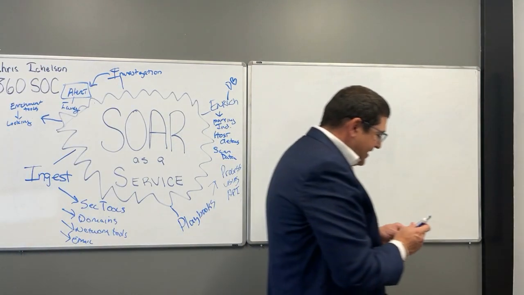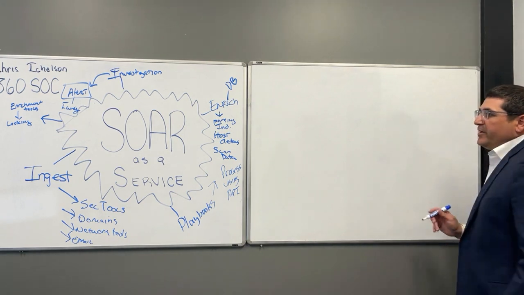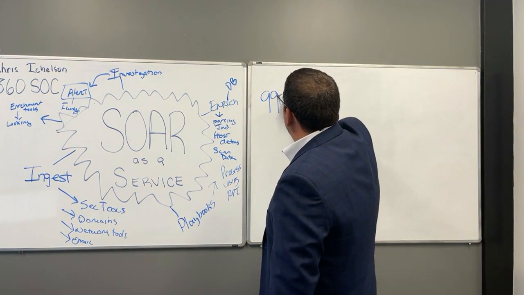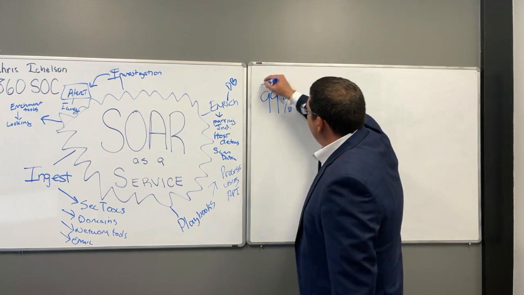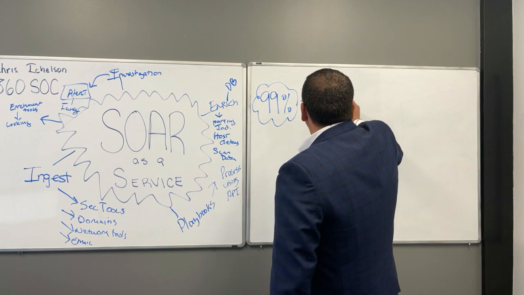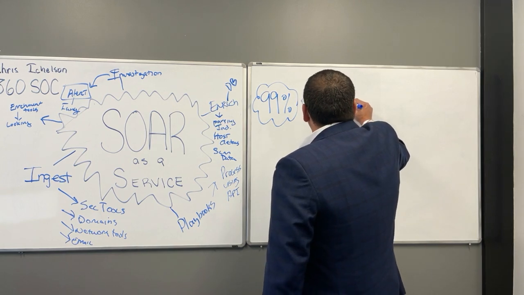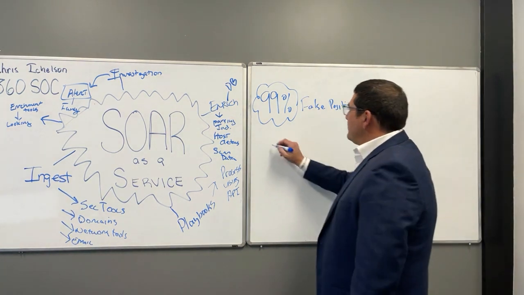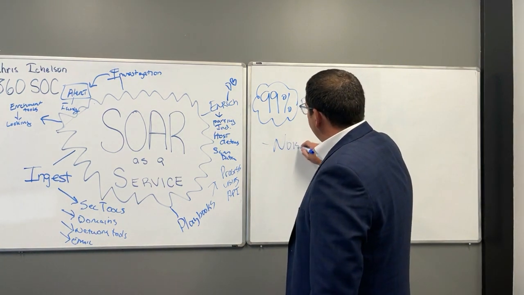Some of the other things that SOAR does really well is, in my opinion, it shrinks false positives by 99%. How we get there is, in our business, we want to be noisy. SOAR allows us to be real noisy.